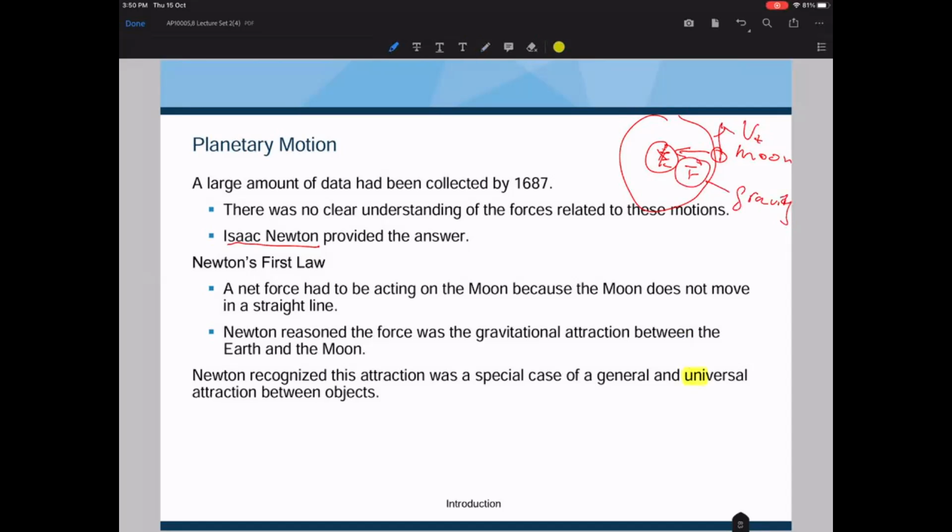It is universal in the sense that between everything in the universe, there is a general attractive force. So that is the origin of the gravitational force. It exists because of the gravitational pull between two objects. So that is the idea of the gravitational force.